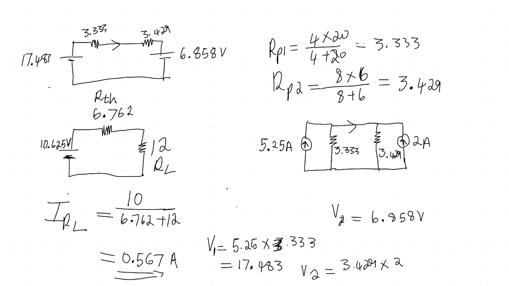Maybe we can do an example with Norton. Whenever they ask you to apply Norton only, it's the same. They will always ask you to apply Norton and Thevenin. We did an example where you're not given which one.